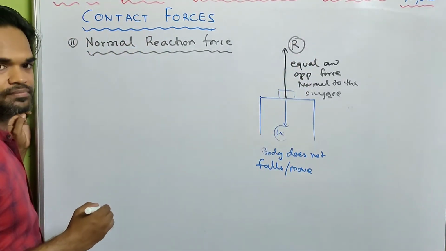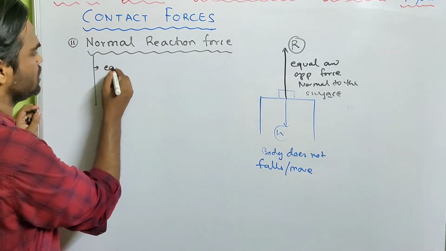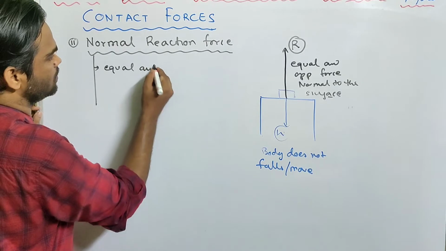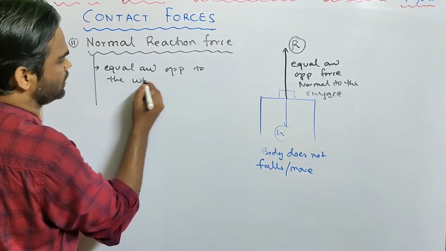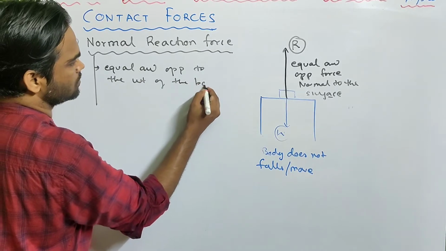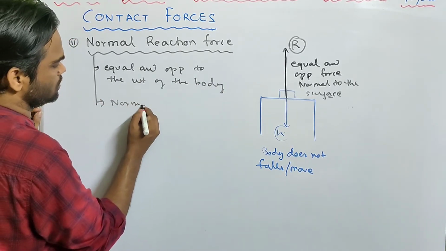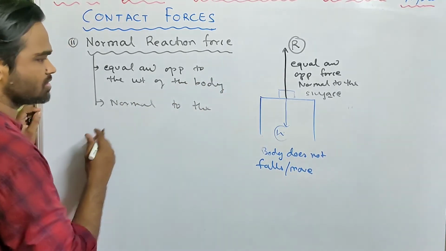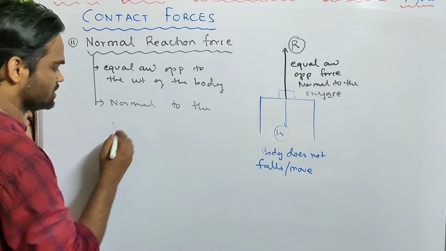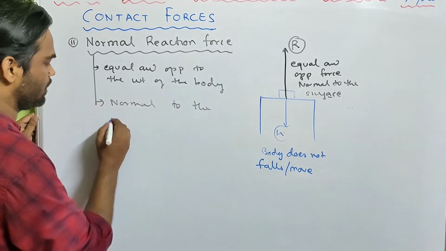Suppose R. So what is normal reaction force? It is equal and opposite to the weight of the body. It acts normally to the surface and in opposite direction to the weight of the body.